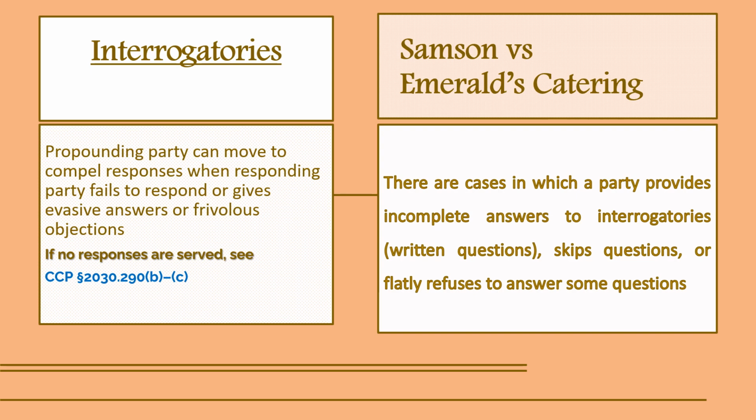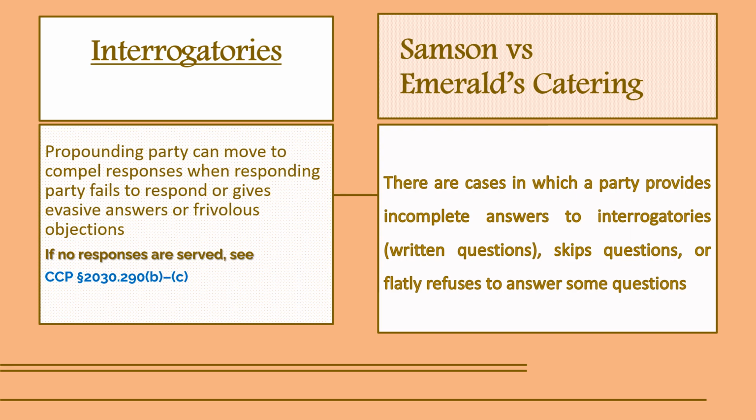The trigger for a motion to compel discovery is that your side issued written discovery on the other party and they either gave no answer, an incomplete answer, or an evasive answer. If the responding party fails to serve any responses at all, there's no time limit on when the propounding party may file a motion to compel responses.